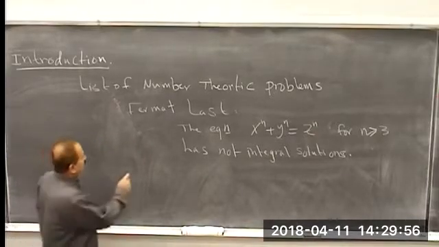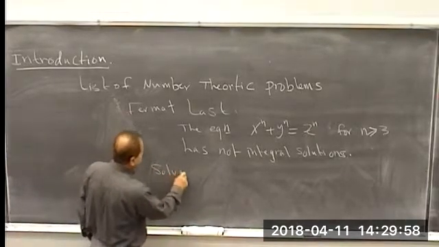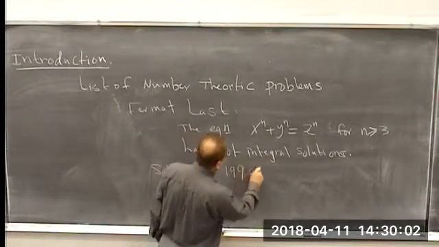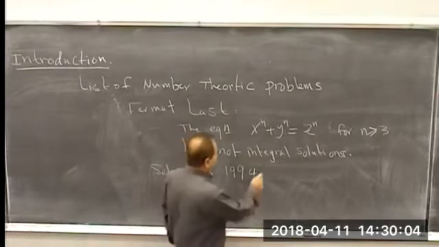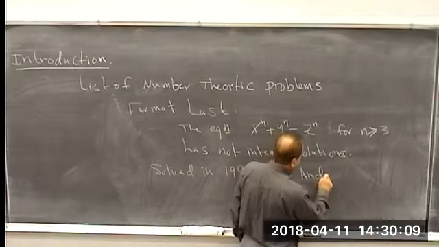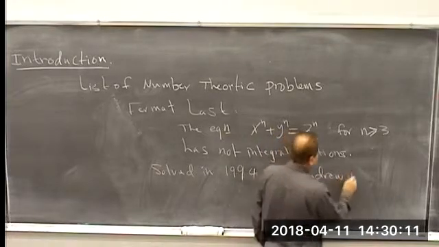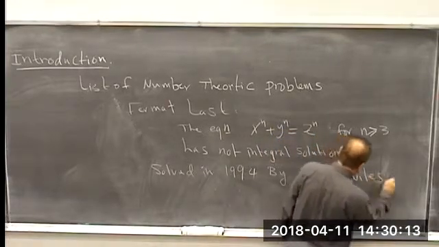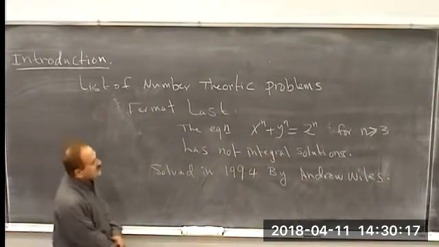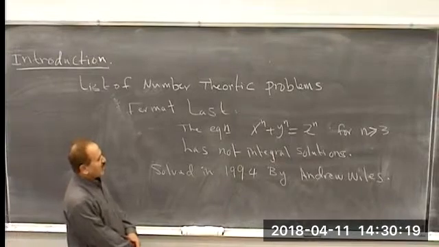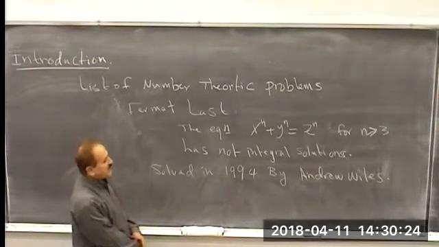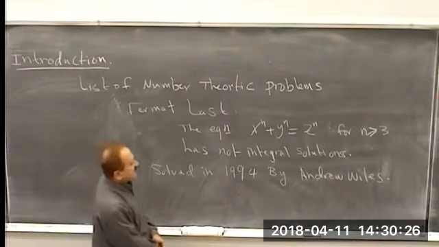And it was solved only in 1994 by Andrew Wiles. The proof that Andrew Wiles presented consisted of hundreds of pages of heavy, very sophisticated mathematics.